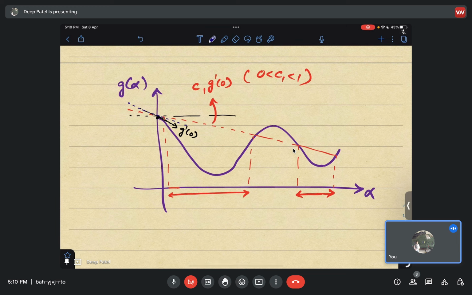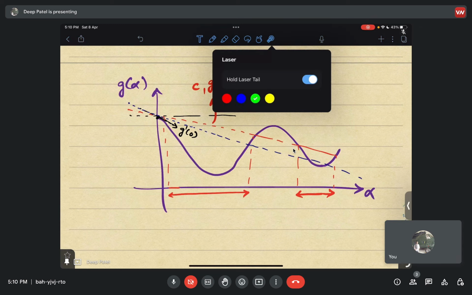So yeah, the other point, the second condition I was saying is, you should be below this line, the one you see in green. But at the same time, you should not be below this line. So you should be sandwiched. This line is the initial tangent, right?